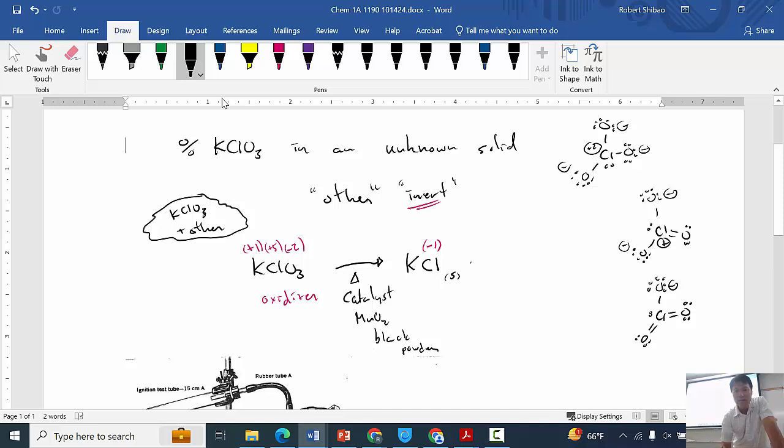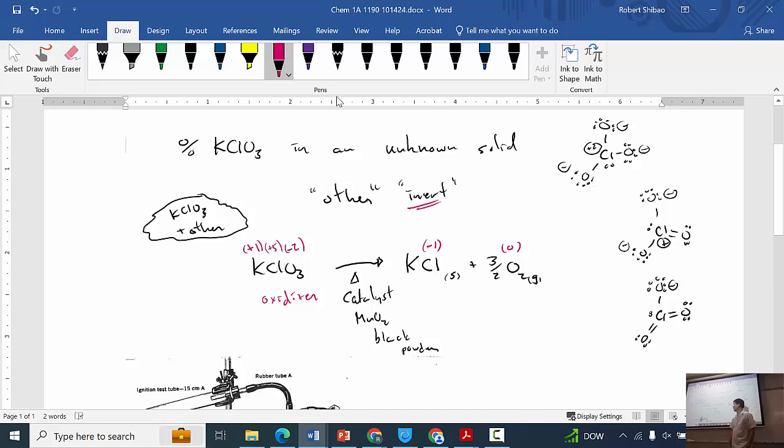Each of those 3 oxygens is going to lose 2 electrons, and so we're going to have 3/2 O2 gas form, in which we'll have 0 oxidation state. Is that 3/2? Yeah, 3/2. So 3 oxygens here, each loses 2 electrons, and we end up with 3 oxygens at 0 oxidation state.